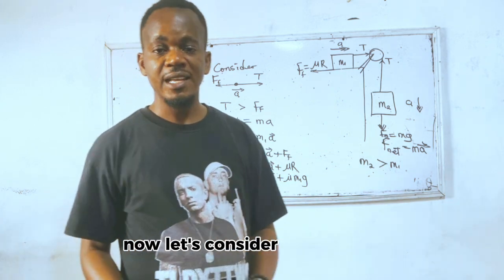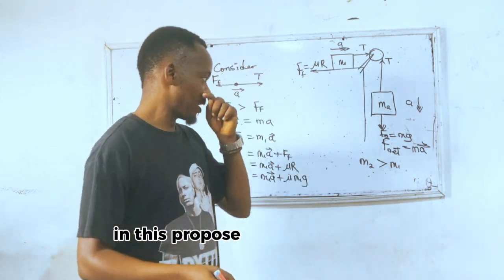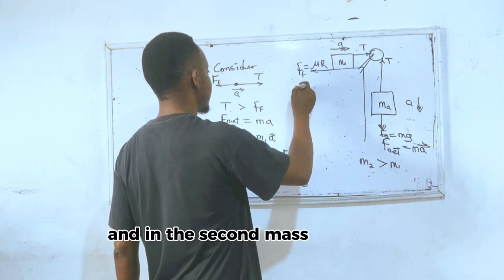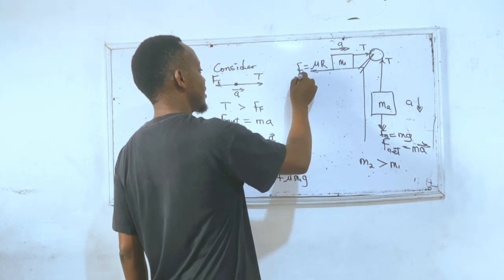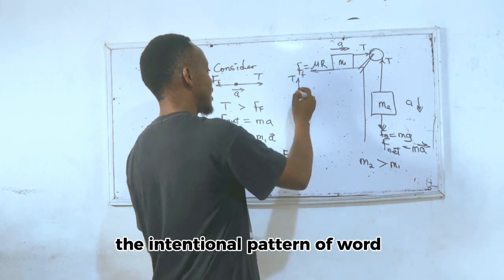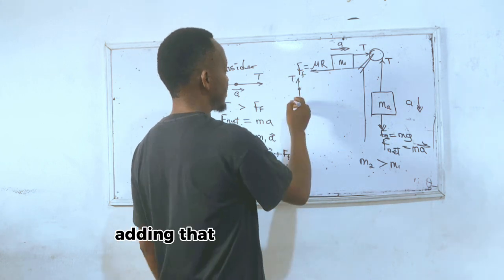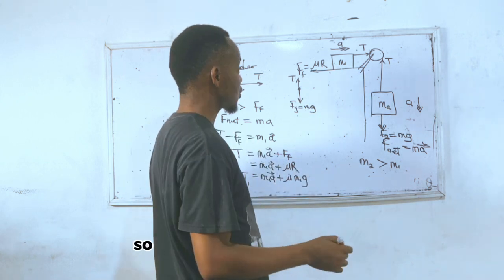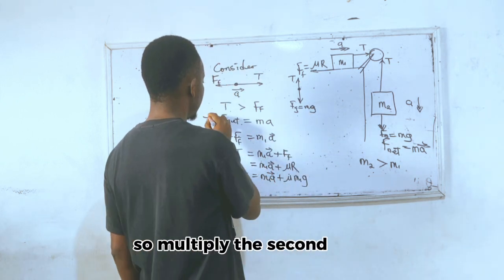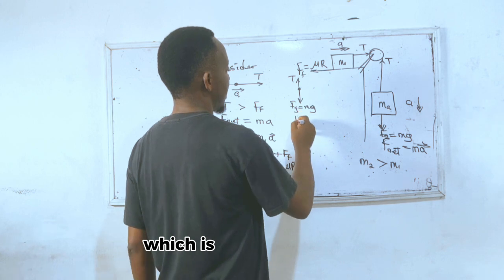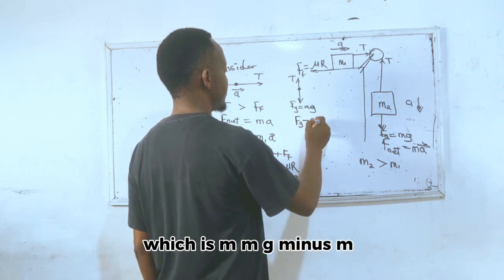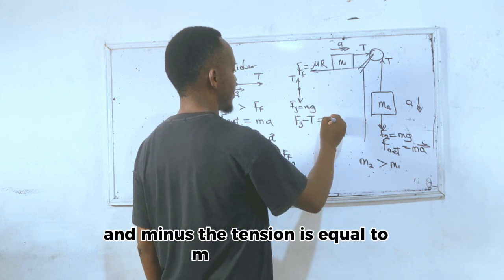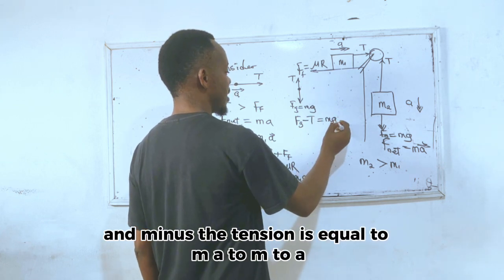Now let's consider equation 2, I mean the second mass. In the second mass, we have the tension acting upward and the gravitational force acting downward, Fg, which is equal to mg. So we apply the second law: Fg minus the tension is equal to m2a.